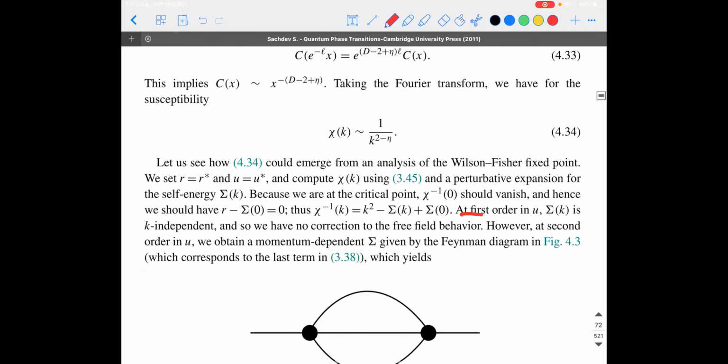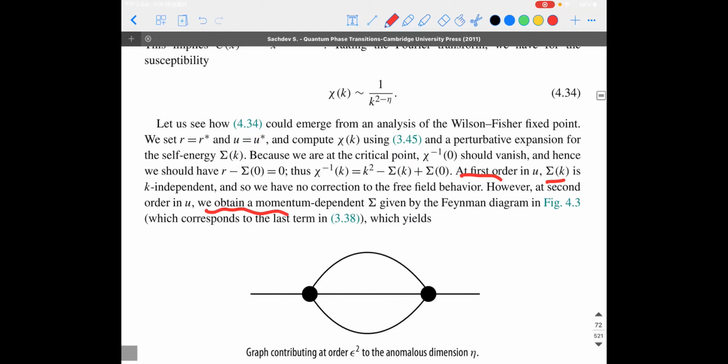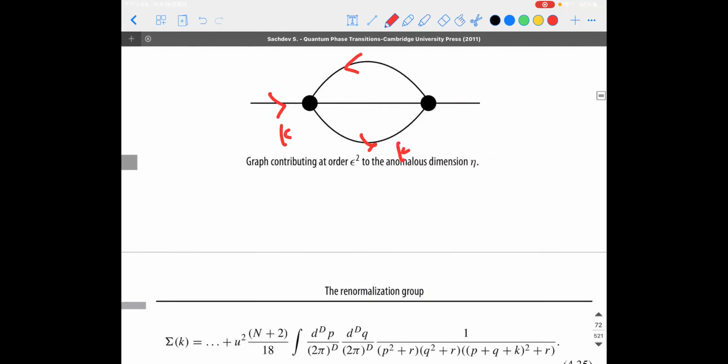At the first order, sigma is k independent. However, in the second order, we have a momentum dependent sigma because the k enters in the definition of sigma.